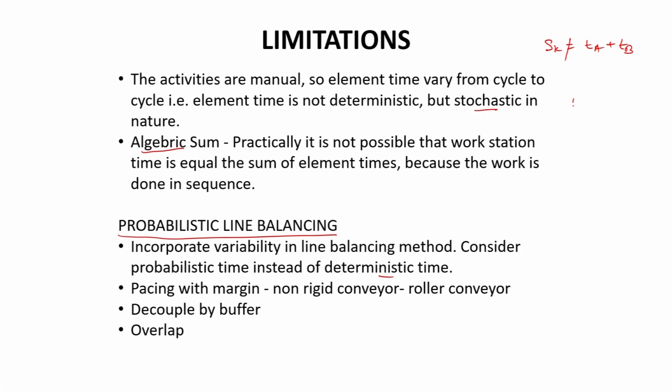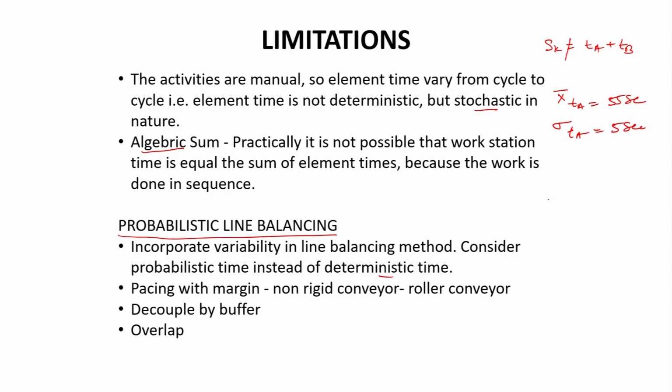We can say that TA is the mean time of activity A, say 5 seconds, with a standard deviation of 2 seconds or 1 second, and we can bring that in at the balancing stage itself, or we can do pacing with a margin.